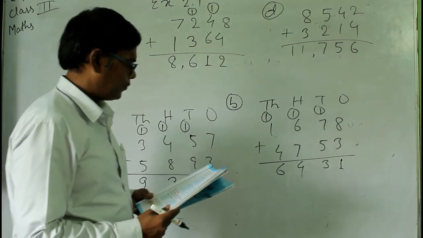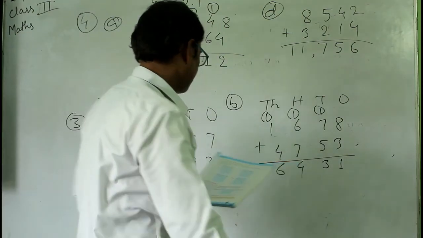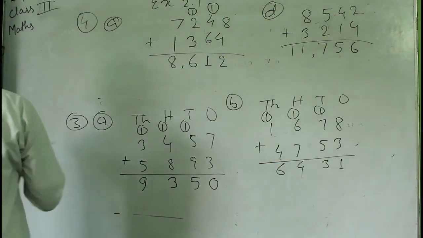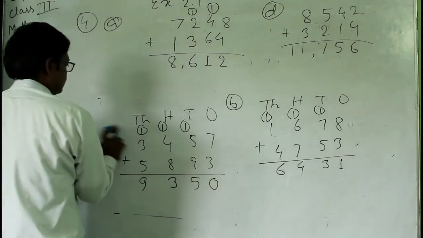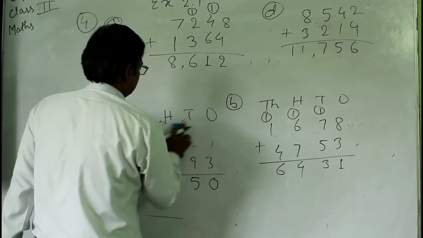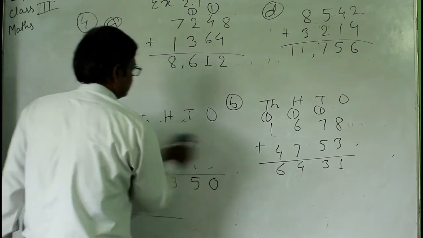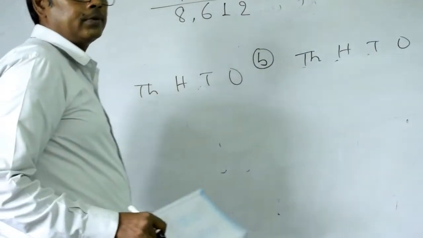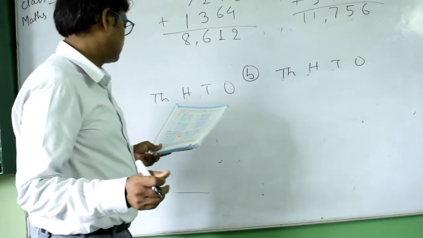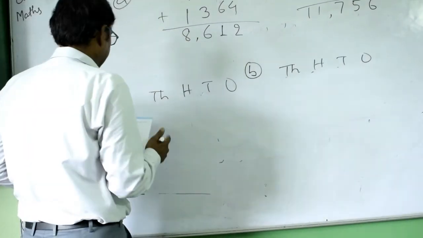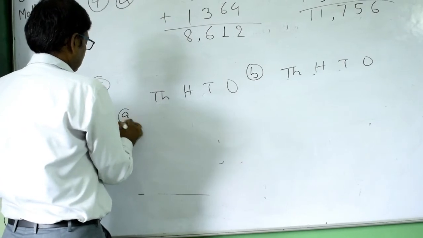Now question number 5. Add the following. Okay. So question number 5, and this is the question number A. So add this number.